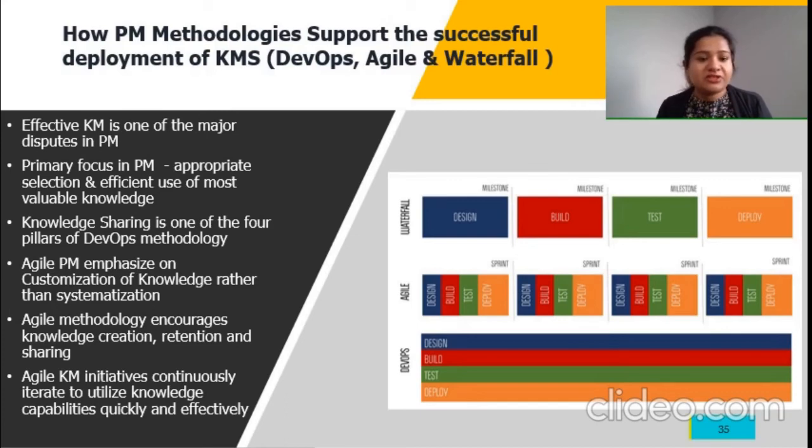Agile project management encourages knowledge creation, retention and sharing through various approaches like pair programming, scrum meetings and on-site customers. Agile methods are used in software development firms that emphasize customization of knowledge rather than systemization. With the organization's changing objectives and operational needs, knowledge management initiatives continuously iterate to utilize knowledge capabilities more quickly and effectively.